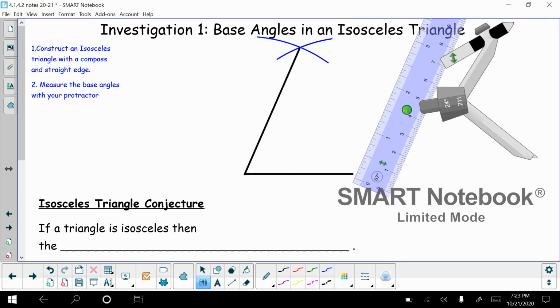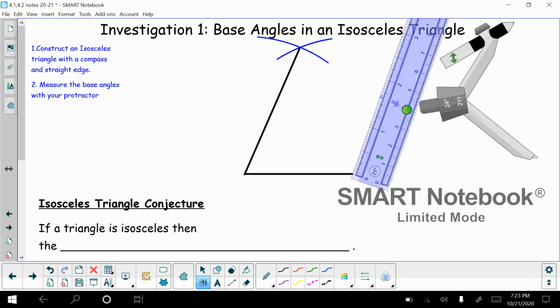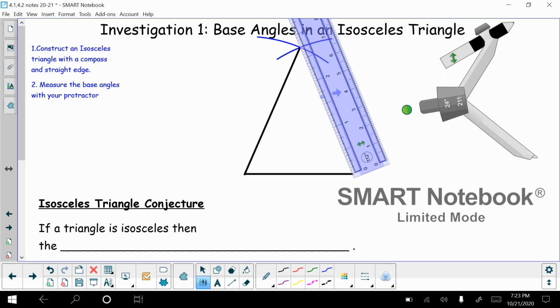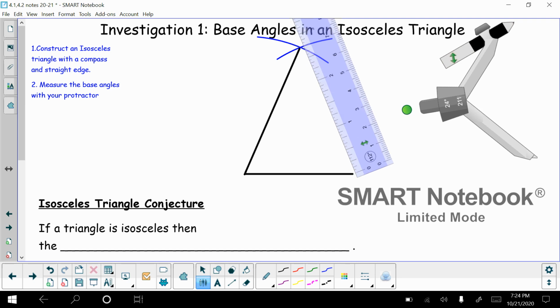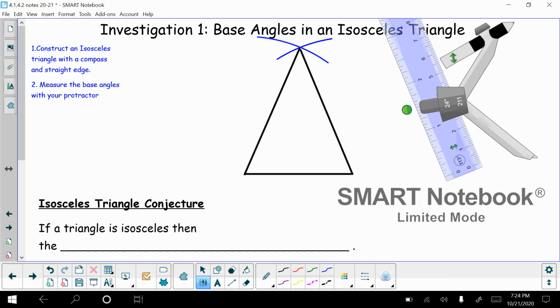And then come over here and connect. Always make sure your ruler's pretty precise. See right here, I feel like it's not. All right, so since I constructed that, that means this is congruent to that, okay?